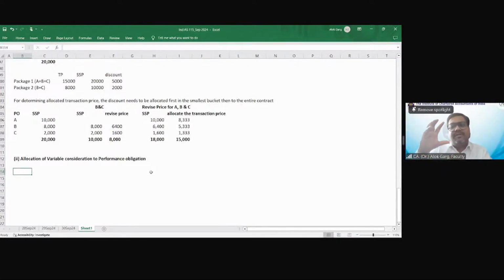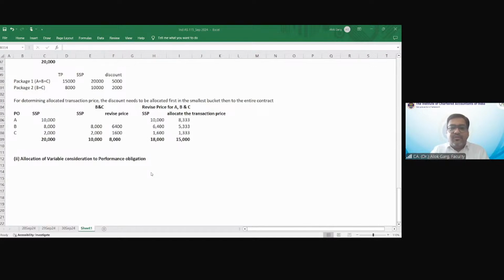My total transaction price is 1 crore plus 5 lakh plus 50,000. So what is the allocated transaction price to construction and to maintenance? Friends, the standard says that variable consideration needs to be allocated only to those performance obligations to which it relates.